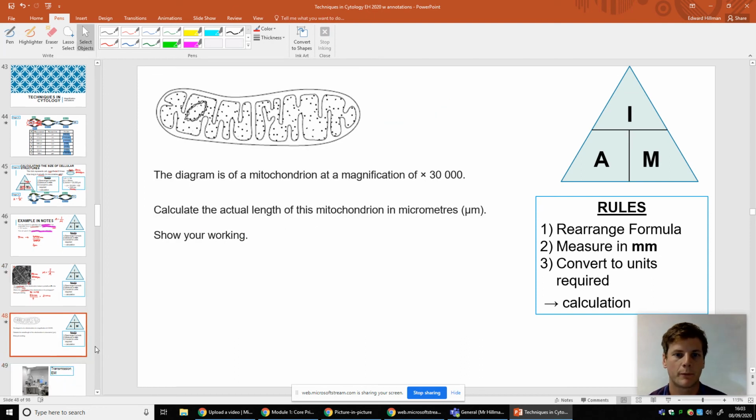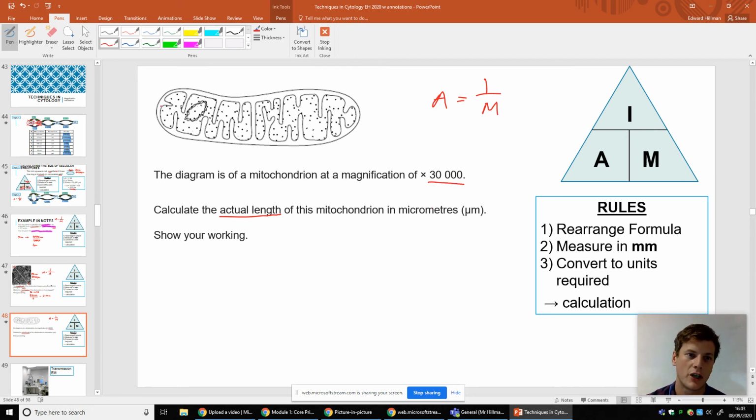One last one then. Okay, another mitochondrion. This time we're being asked to calculate the actual length. So now, rule number 1, rearrange formula, actual is the image over the magnification. We know the magnification is 30,000.